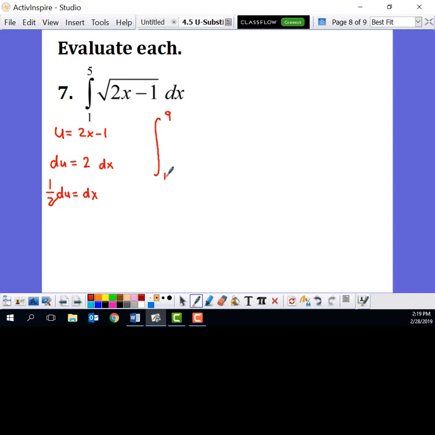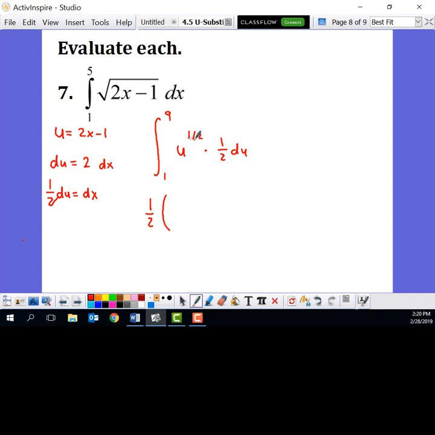Okay. All right, so then I can rewrite this function as u to the 1/2 power times 1/2 du. So I can slide the 1/2 out to the front, and then I'm actually going to evaluate this integral.